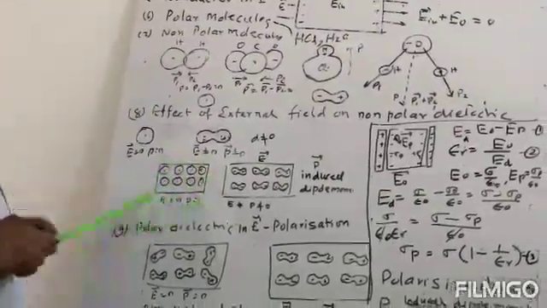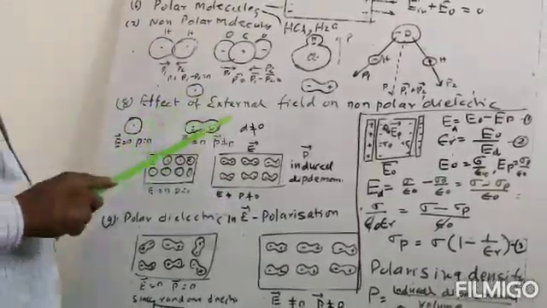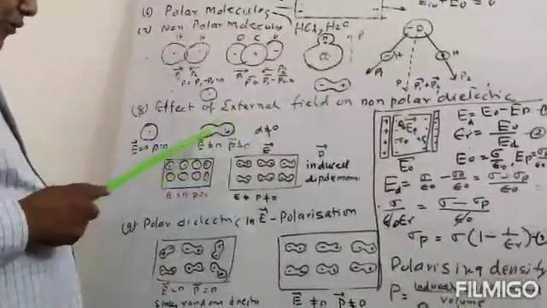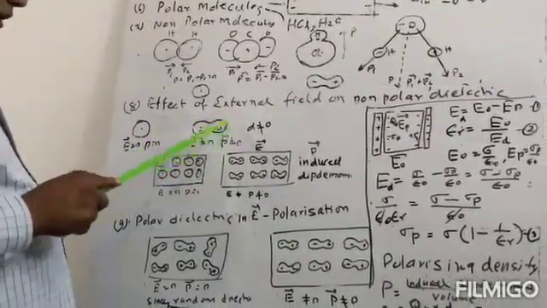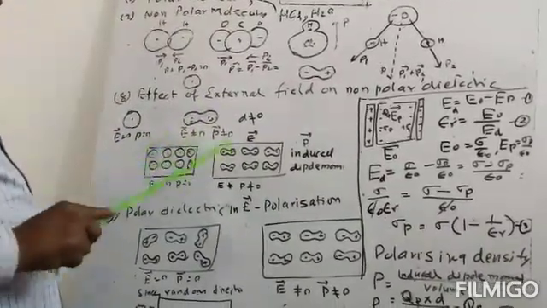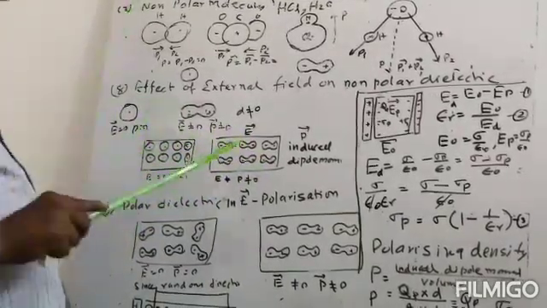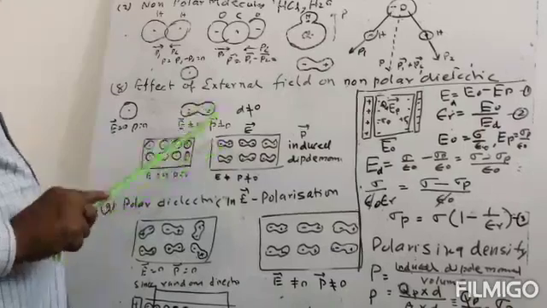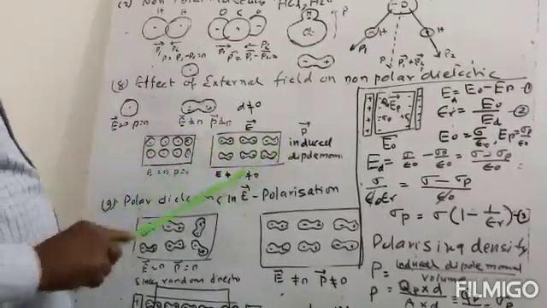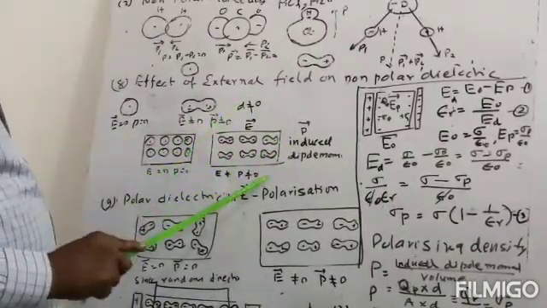Now if we apply the external field, the molecules will be like this. The negative will be this side, positive this side. So each molecule is stretched like this, and there is a distance between the center of negative and the center of positive charge. So when the electrical field is not 0, P will not be equal to 0.